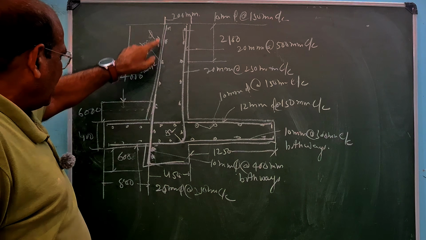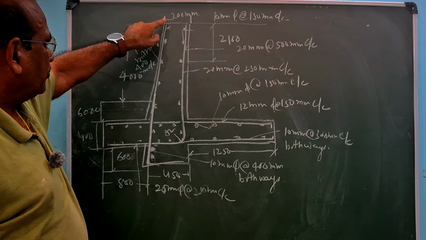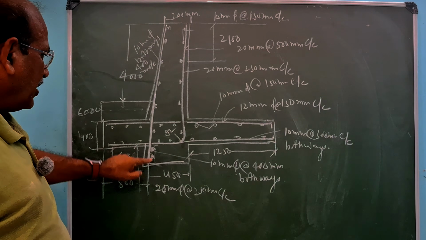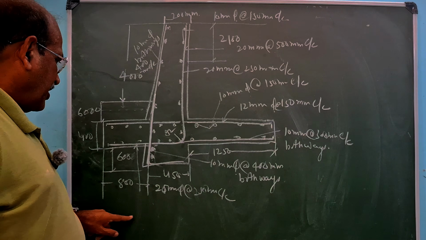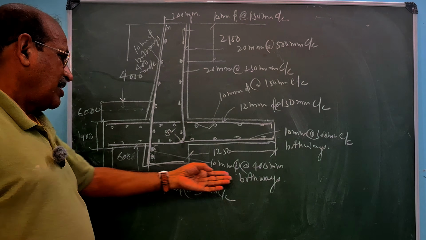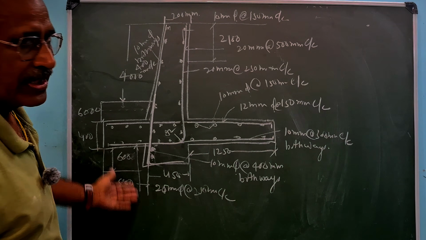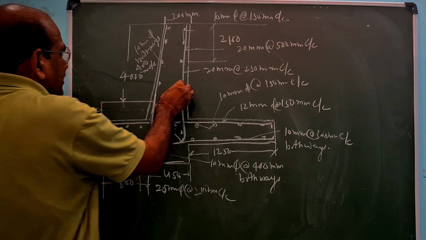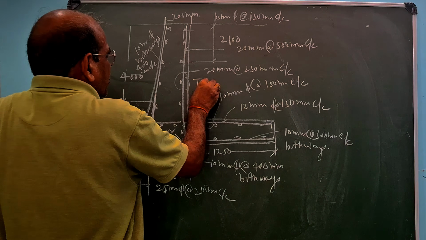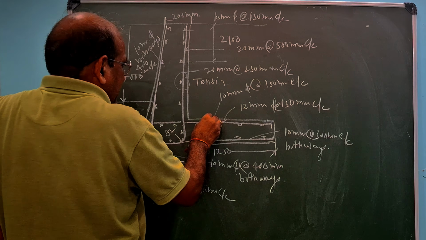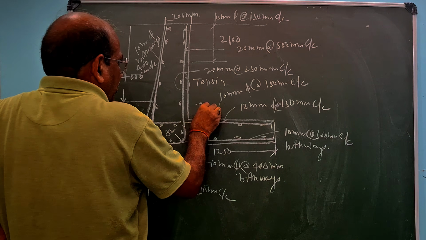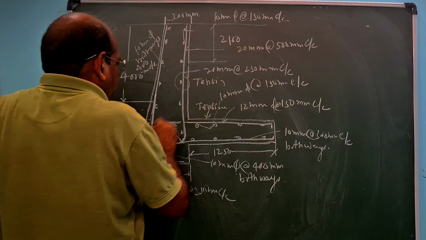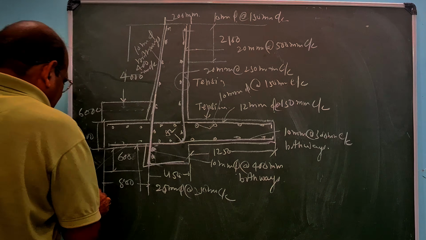And the far key, this temperature steel which is coming from this stem will continue over here. This will be your 10 mm, 400 mm both ways can be provided in the key. So the portion is, this is in tension. This is a tension portion, and this is tension portion. So negative reinforcement, main reinforcement provided, and here in the bottom is a tension portion.